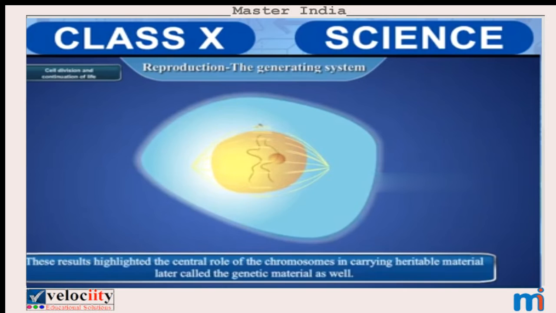These results highlighted the central role of the chromosomes in carrying heritable material, later called the genetic material as well.